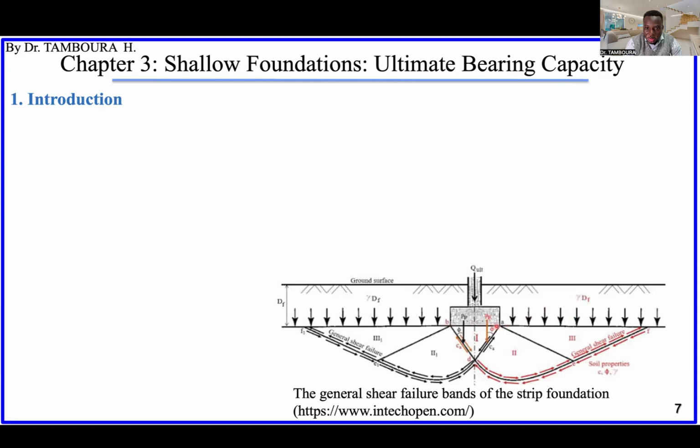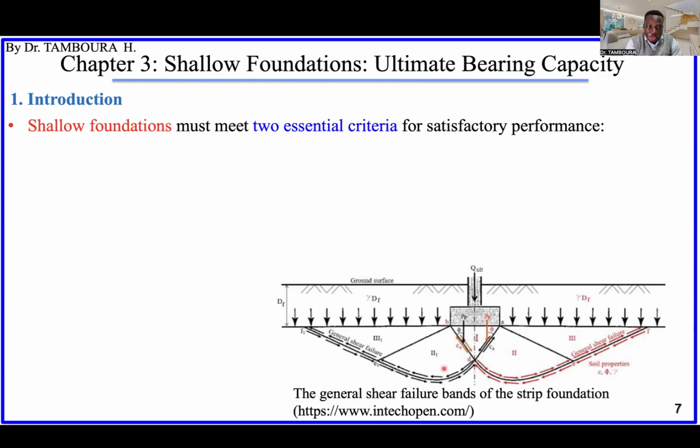The footing base level is here. What is going on when load is applied on this footing? What will go on in the soil beneath the footing? You will see that there is a lot of shearing happening in the ground.